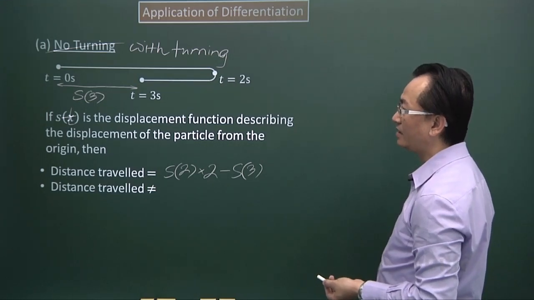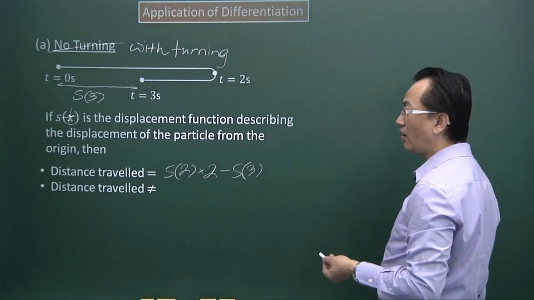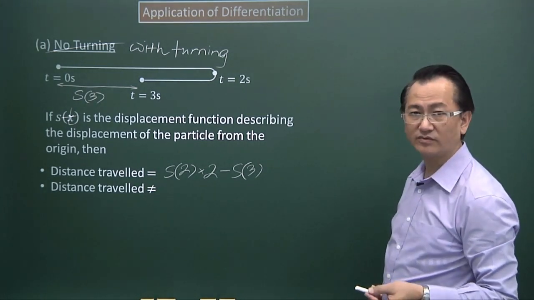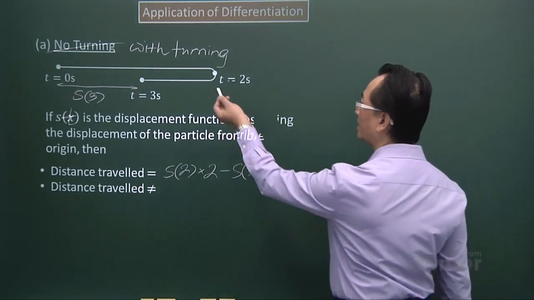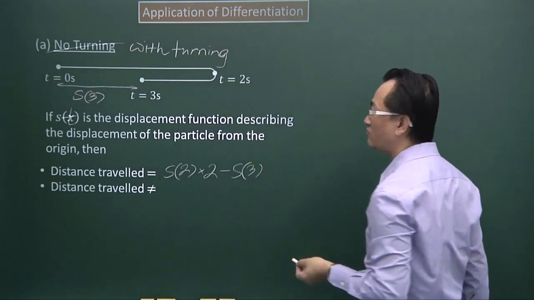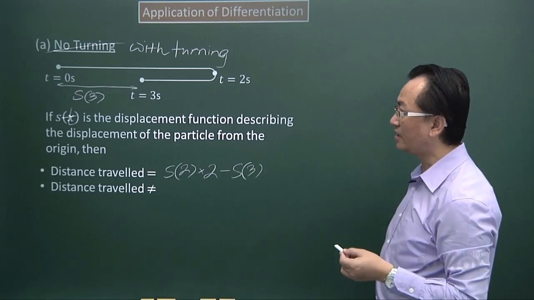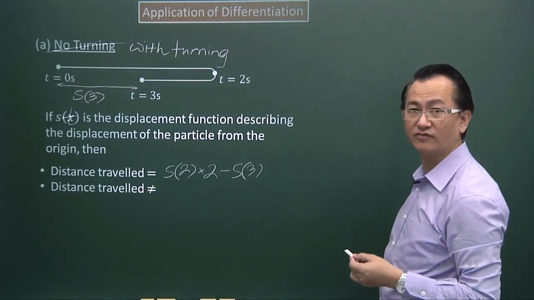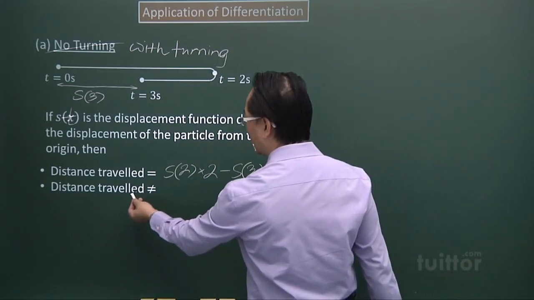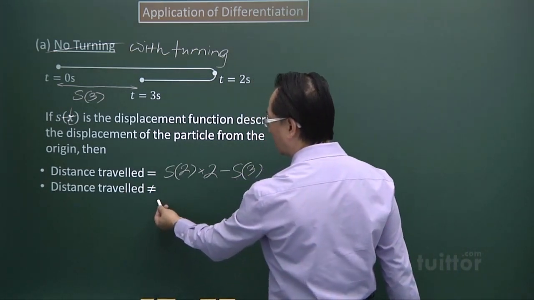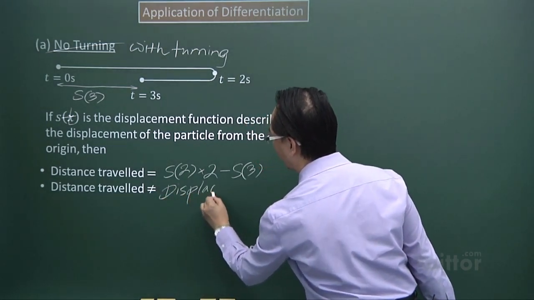So you can see when the particle did turn, I cannot just equate the distance traveled to the displacement of the particle. Instead, using a diagram to mark the pathway of the travel, I can then decide what to do to find the distance traveled. As for this particular part, distance traveled is not simply equal to the displacement of the particle.